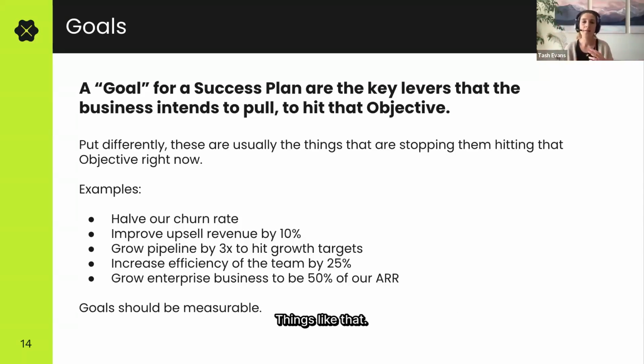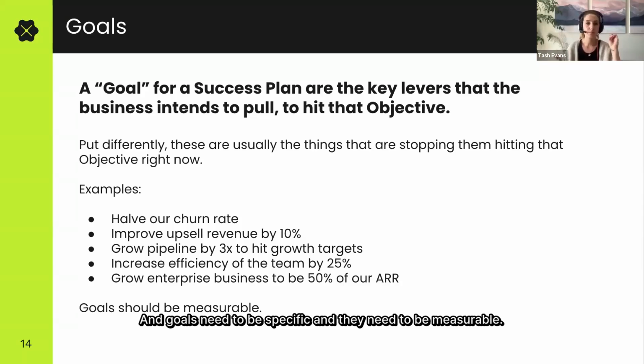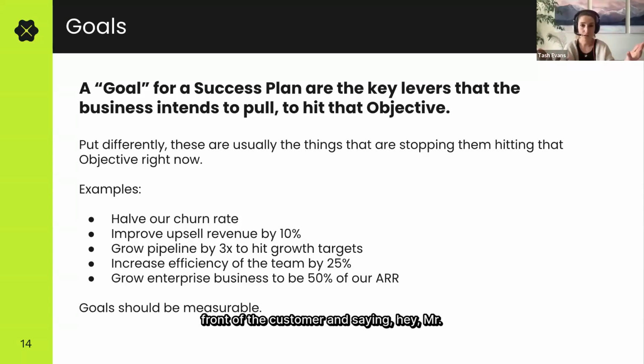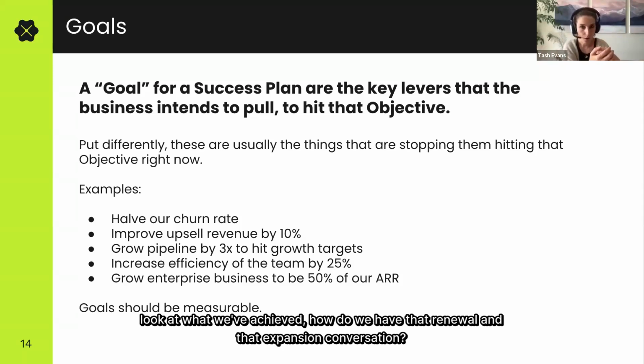Things like that. And goals need to be specific and they need to be measurable. You need to have a way of knowing if you've hit that goal, because remember, that's the piece that you're sitting in front of the customer and saying, hey, Mr. Customer, this is what we've done together. Look at what we've achieved. How do we have that renewal and that expansion conversation?